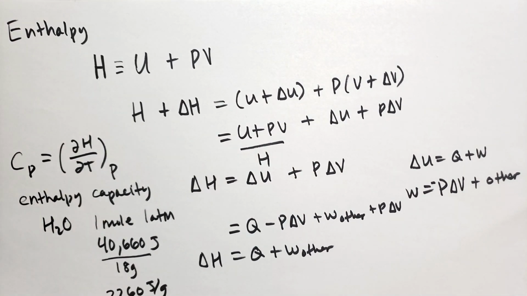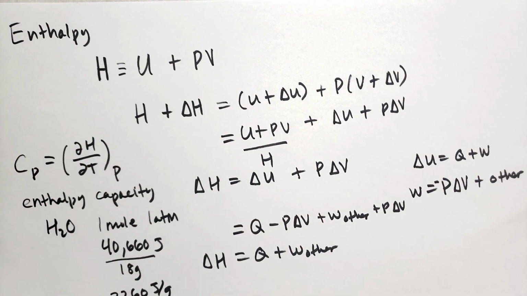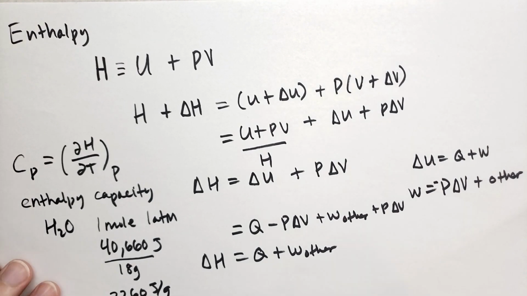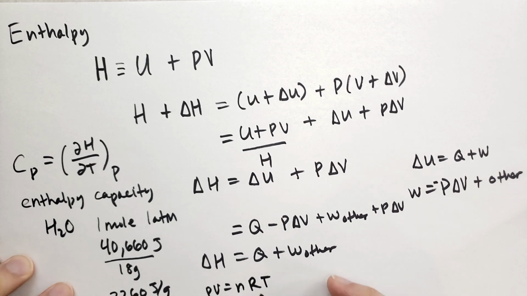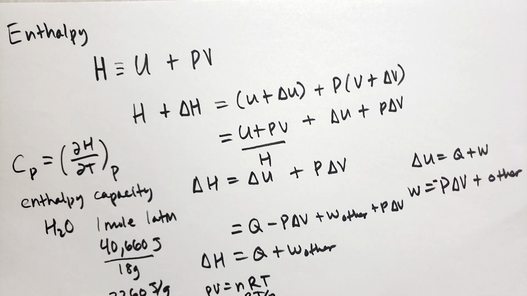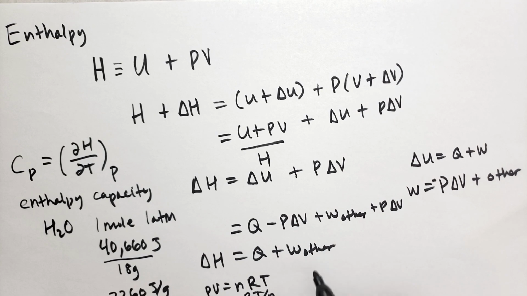Note that the work done on the water includes the work to increase the volume of the water as it boils away. Okay, so if we had 1 mole of water, we have PV equals nRT, and so the volume of that water is going to be RT over P. The amount of work that was done, the PV work, is equal to RT, which will give you 3,100 joules.